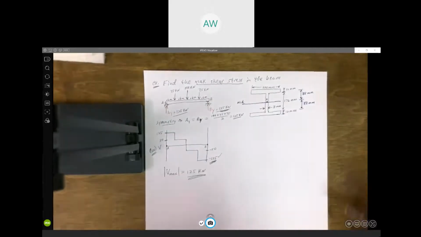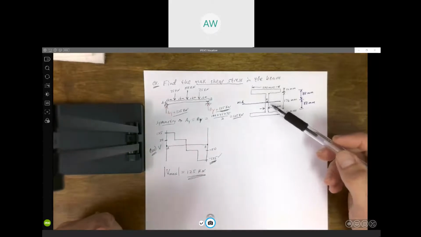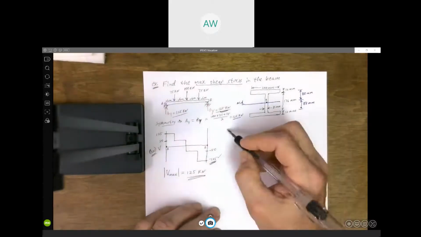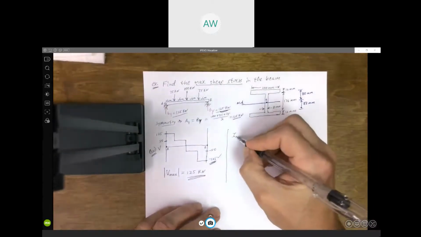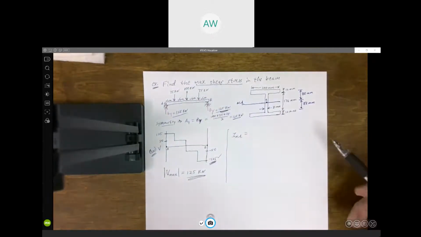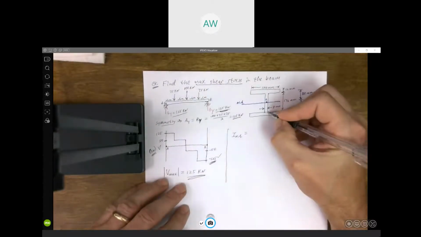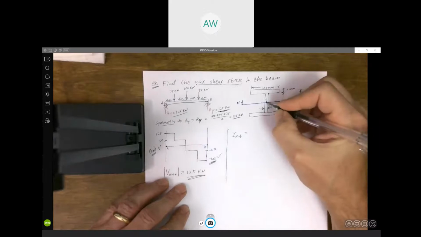Now I want to calculate the moment of inertia for this area about that neutral axis. So let's see, we can squeeze it in over here right below that. We could do this a couple of different ways. One, we could break it up into 3 rectangles. I would call maybe this area 1.